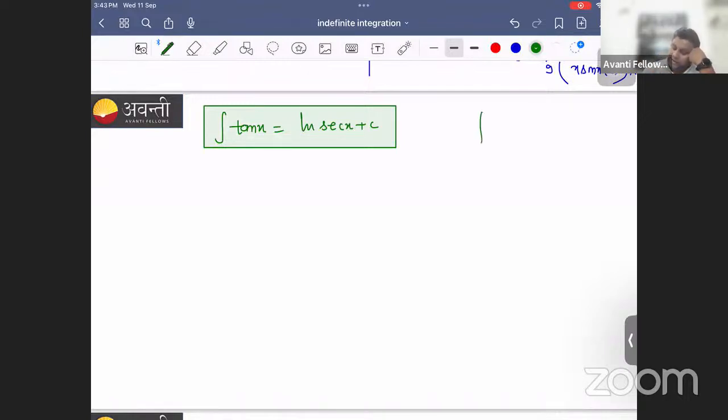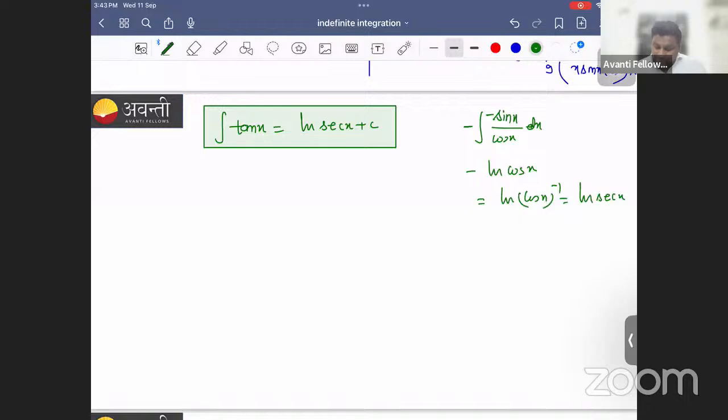And how did I get it? This tan x can be written as sin x upon cos x dx. Derivative of the denominator is not exactly there in the numerator, so I will extra multiply with minus. Now the derivative of the denominator is there in the numerator, so minus of ln cos x, which can be written as ln cos x to the power minus 1. That is ln sec x.